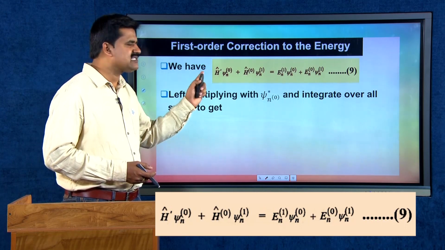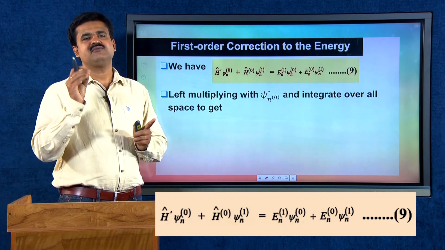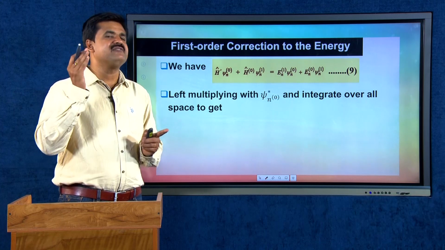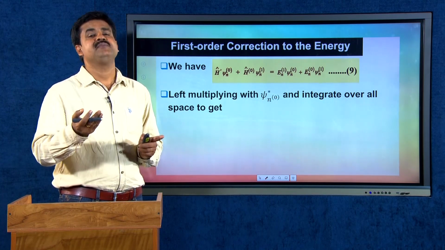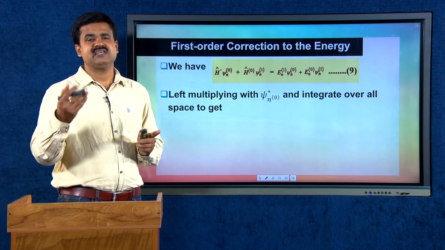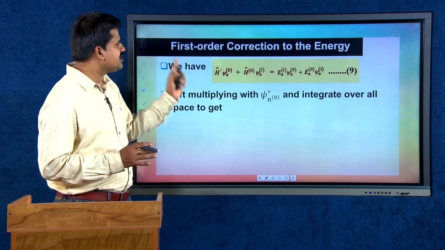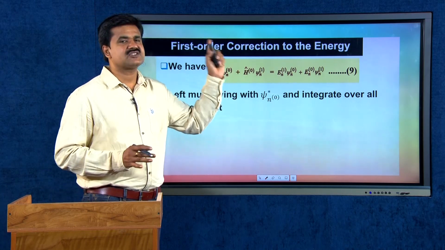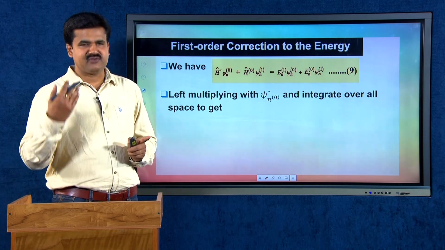This is the basic equation from where we are beginning the first order correction. If we wish to start the second order correction, we have to begin from the second order term, that is equation number 10, that we can discuss later. Now, we are ultimately focusing on first order correction to energy. After that, we can move on to first order correction to wave function.